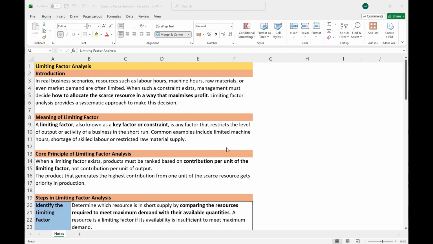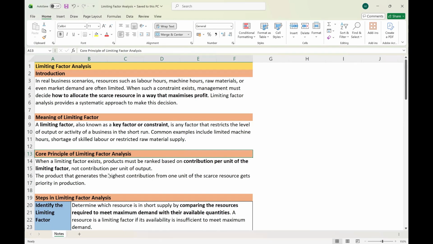Okay, so I hope I've answered the question why contribution, why not profit? Why? Because in the short run, fixed costs are fixed, they will not change, so therefore irrelevant, right?